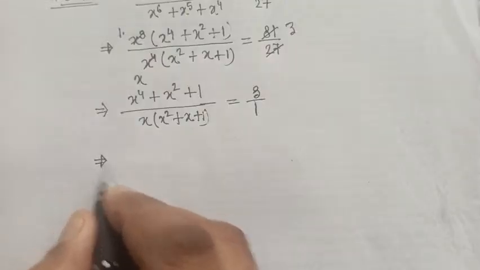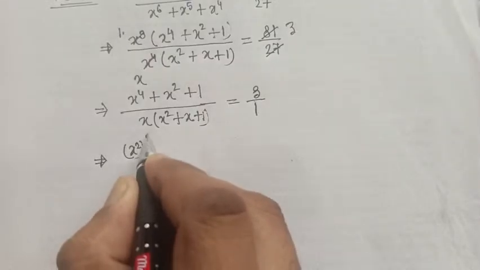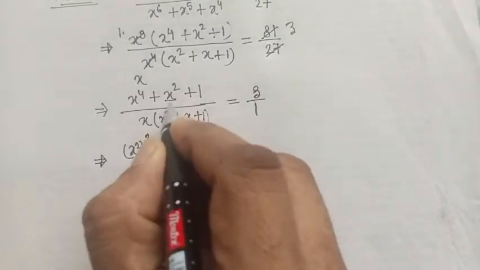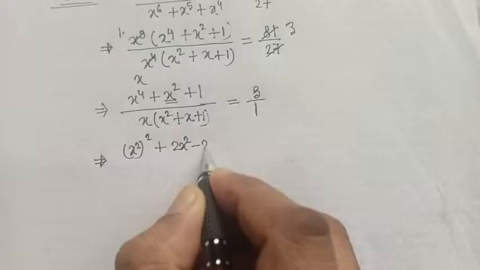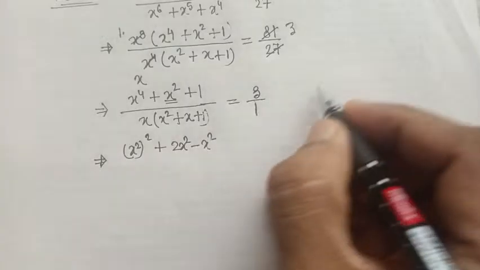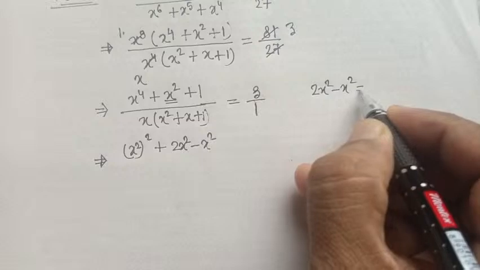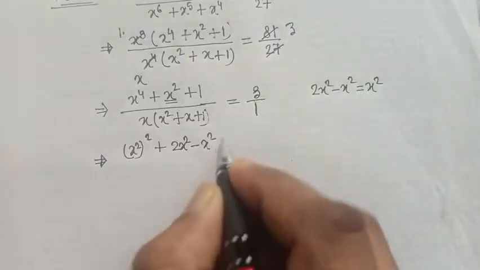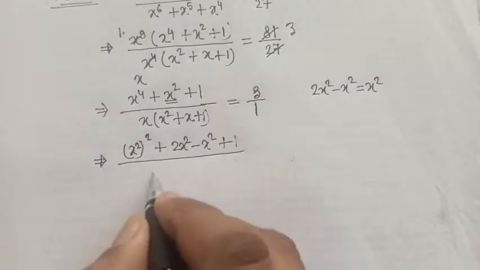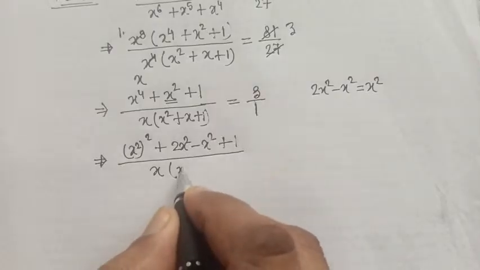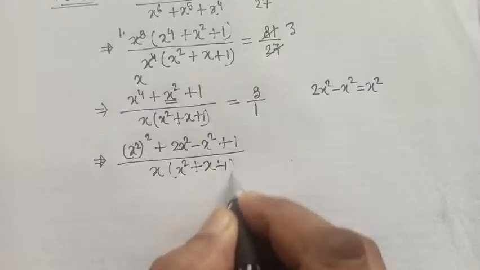Now we can express x to the power 4 as x square to the power square, and this x square can be expressed as 2x square minus x square. So 2x square minus x square is equal to (x square plus 1) by x into (x square plus x plus 1).